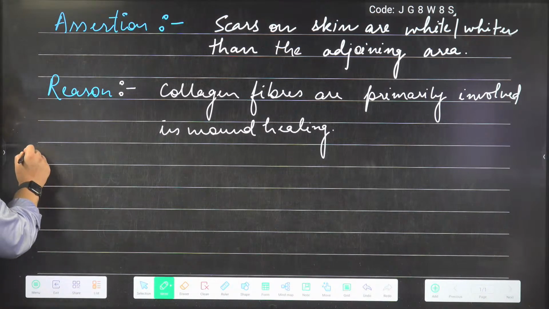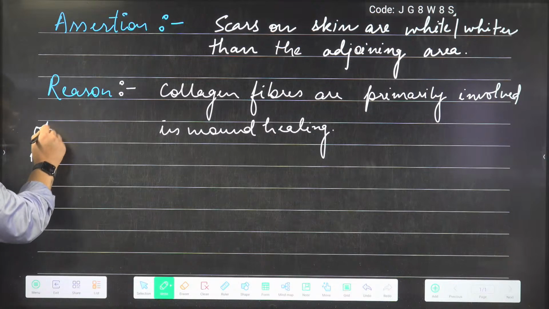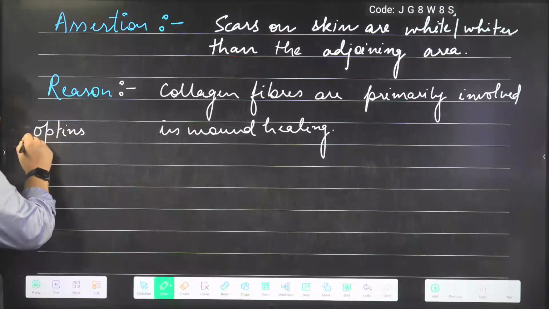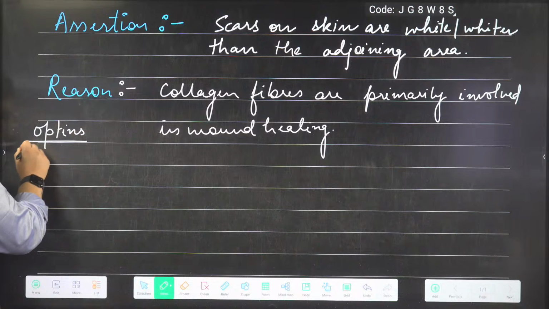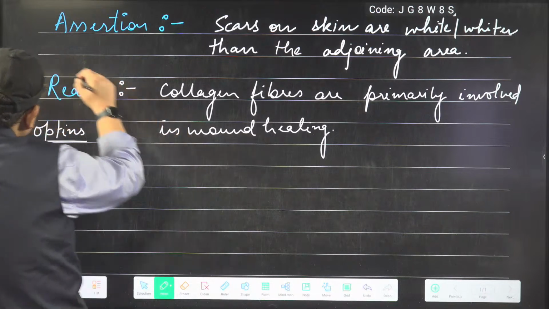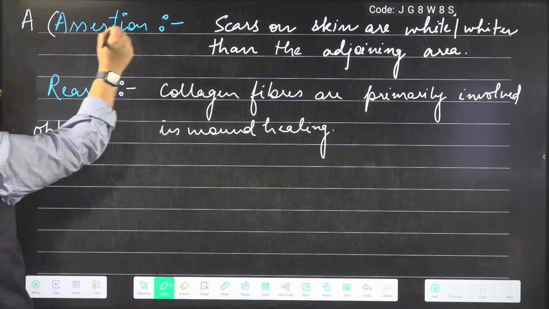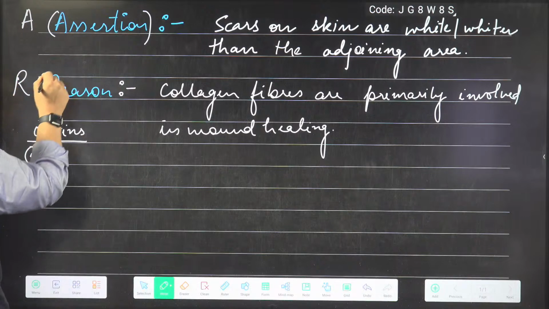Now there are 4 options. So I'm now writing the options here. Let me write it easy: A for assertion and R for reason.